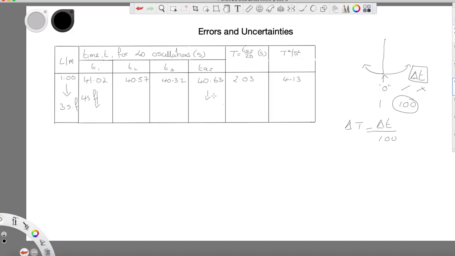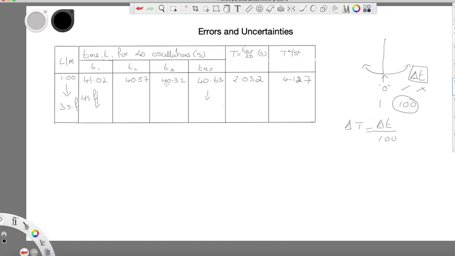Again, 4 sig figs. So 40.63 divided by 20 gives me 2.032, and a t squared of 4.127 seconds squared. Notice the units, I have to have my units in my header.